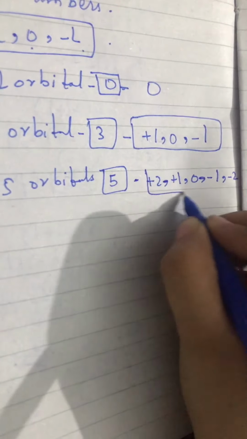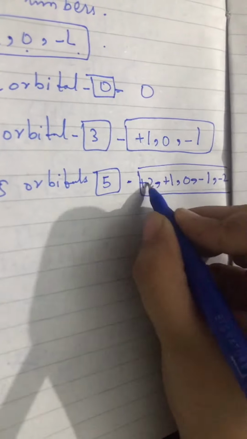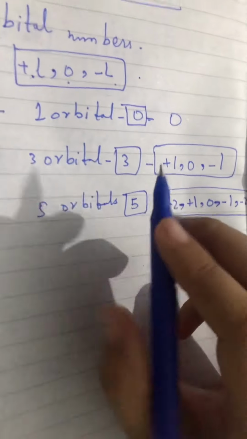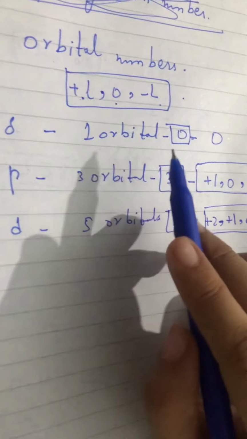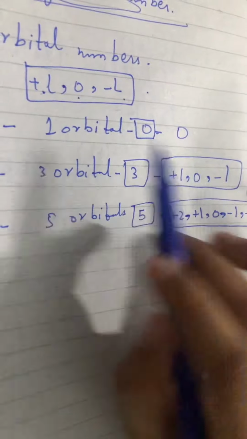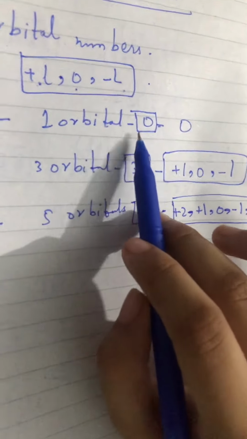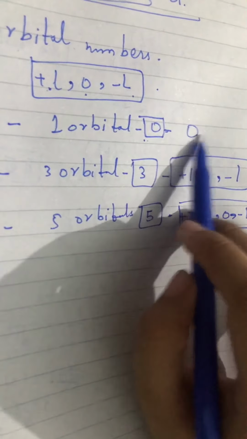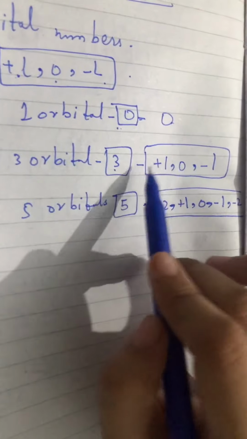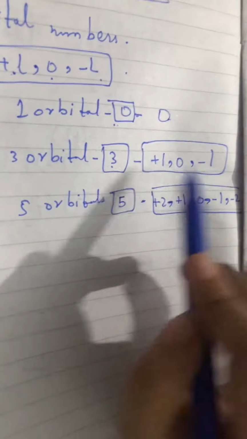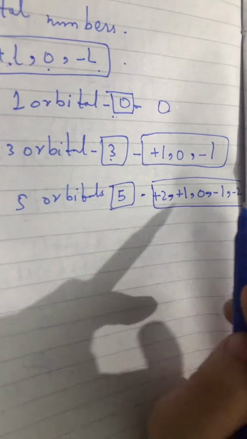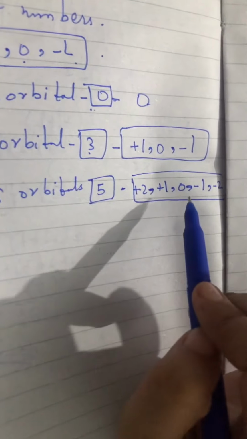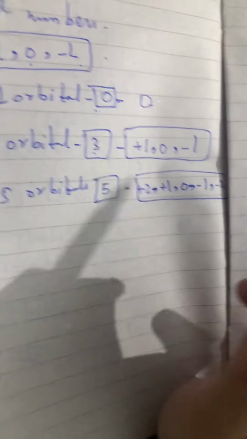You can see these are 5: 1, 2, 3, 4, 5. Basically orbital numbers are orientations, but we are writing them by the formula. Here we had 0 orientation, so 0 orbital number. 3 orientations, we wrote 3 orbital numbers. Here 5 orientations, these 5 orbital numbers: plus 2, plus 1, 0, minus 1, minus 2.